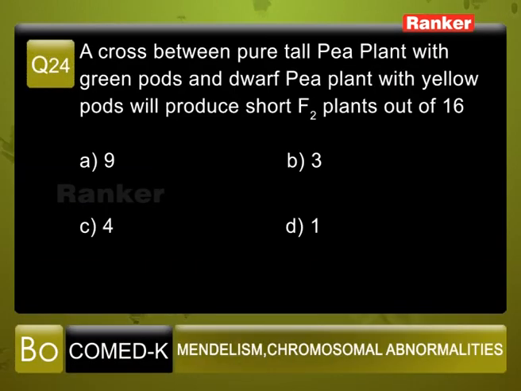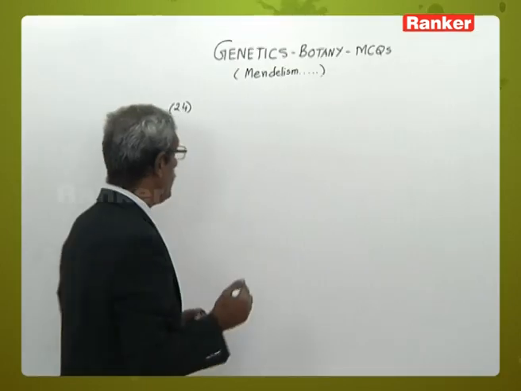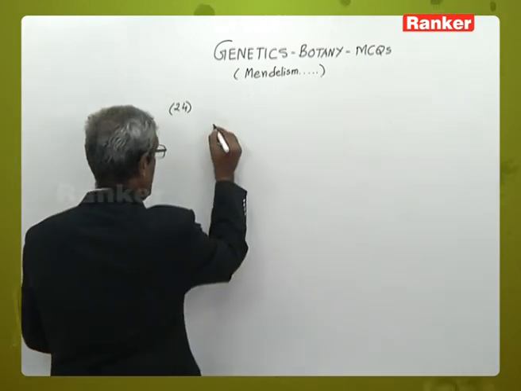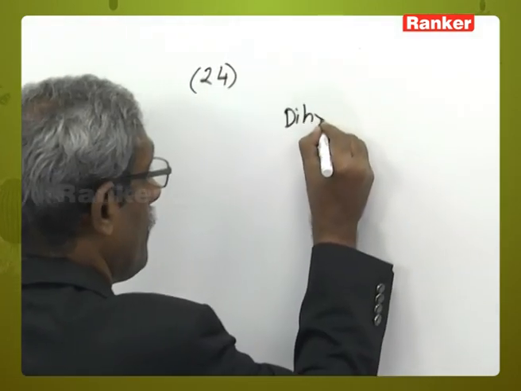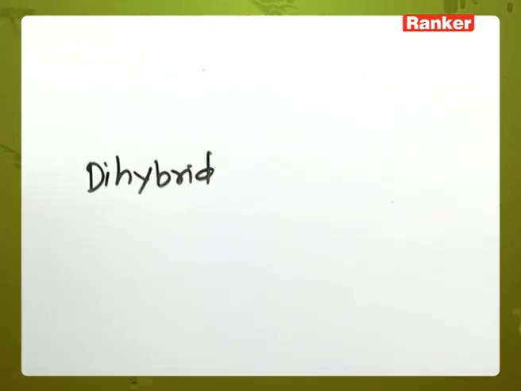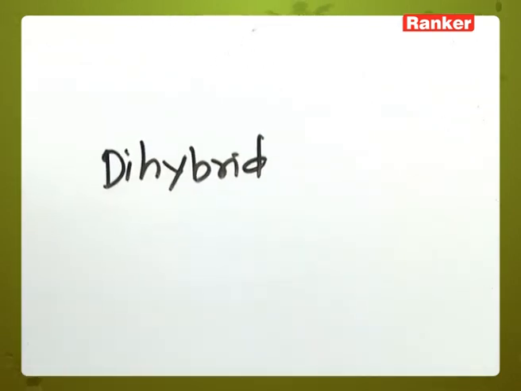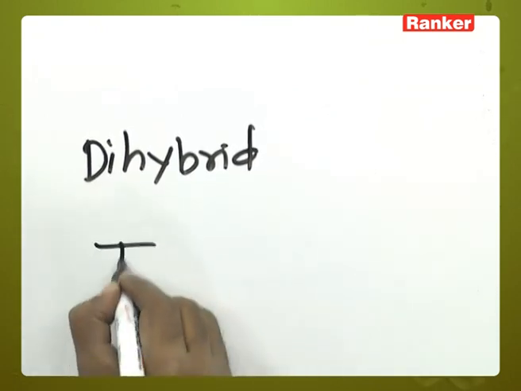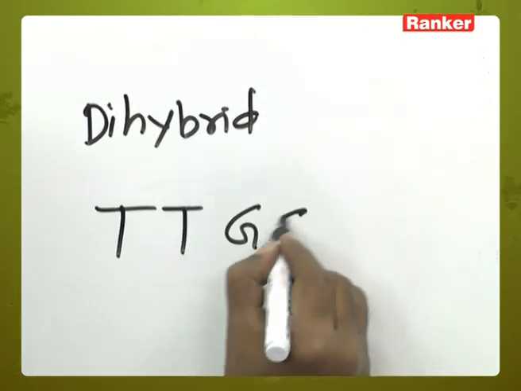The 24th question says a cross between a pure tall pea plant with green pods and dwarf pea plant with yellow pods will produce short F2 plants out of the 16, and what is the right choice? So we are looking at a dihybrid ratio. And the crosses are between a pure tall pea plant with green pods, tall and green.